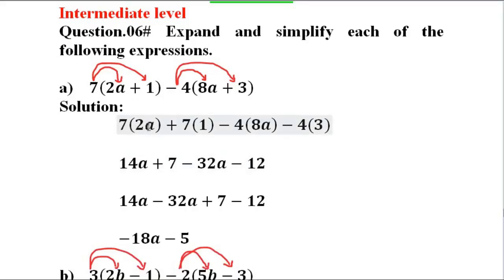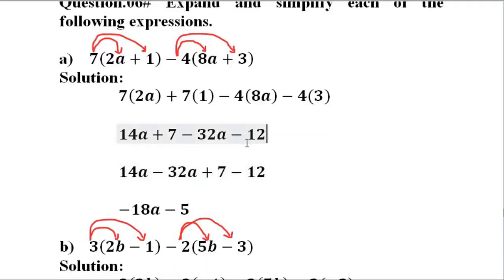Positive 7 times positive 2a is positive 14a, positive 7 times 1 is positive 7, negative 4 times positive 8a is negative 32a, and negative 4 times positive 3 is negative 12. Now we look for like terms. We have positive 14a and negative 32a.